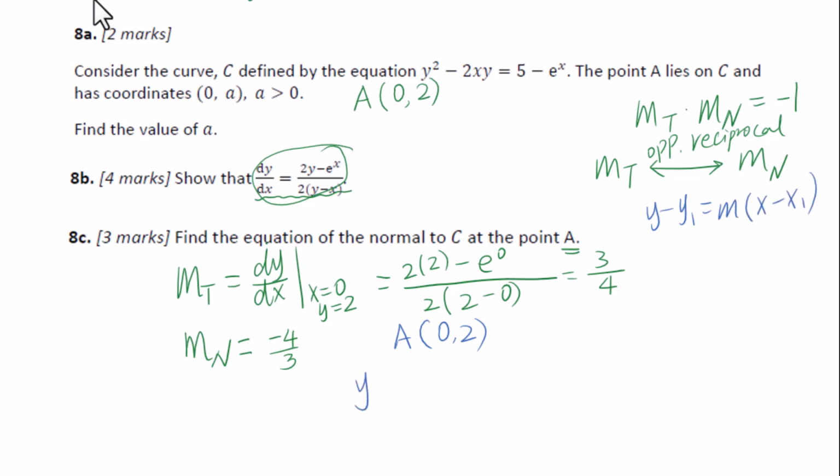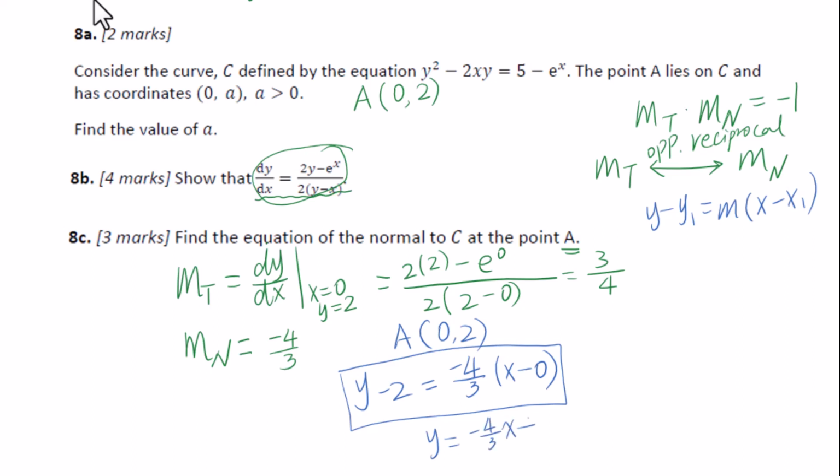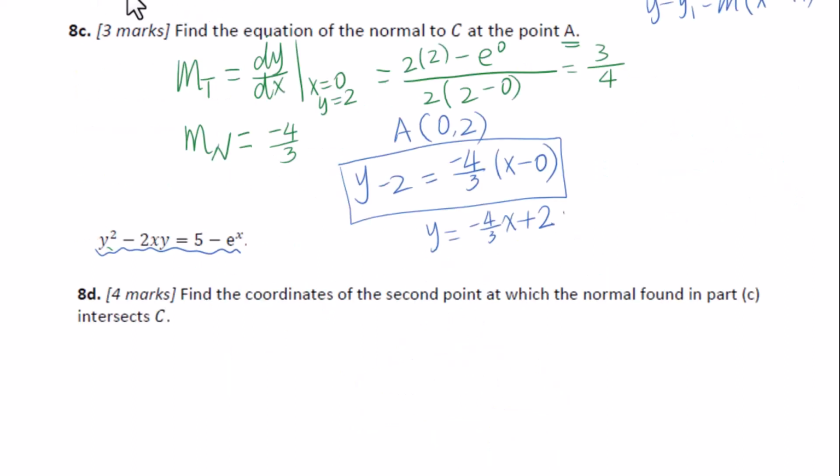So we have y minus 2 equals -4/3 times (x minus 0). You can leave it as it is, because this is point-slope form, or you can change it into slope-intercept form if you want to: y equals -4/3 x plus 2.